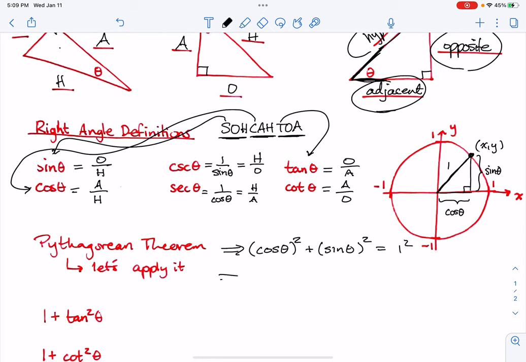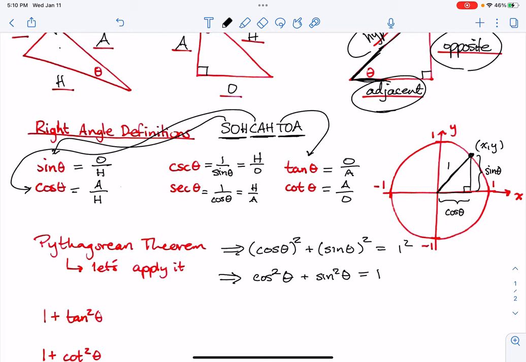Now I'll go ahead and write this in a cleaner format. For future reference, if you ever have cosine, sine, tangent, any trig function squared, this is the way we want to write it. We put the 2 in between the cos and the theta. Same thing with sine. This is just a cleaner way to write it.